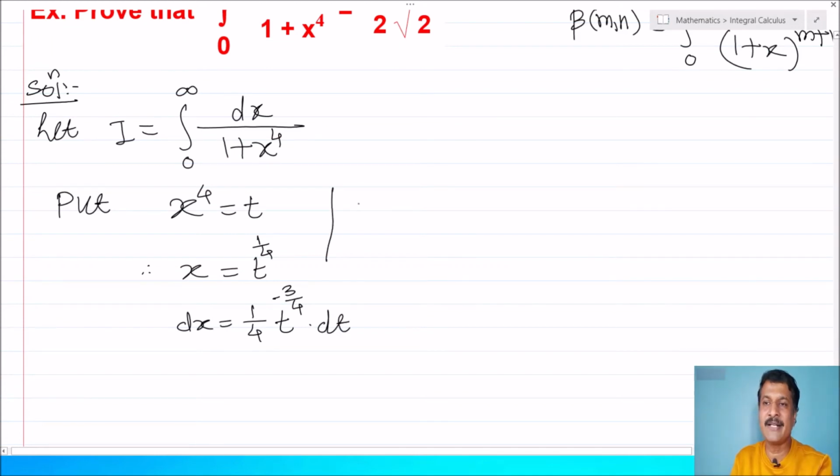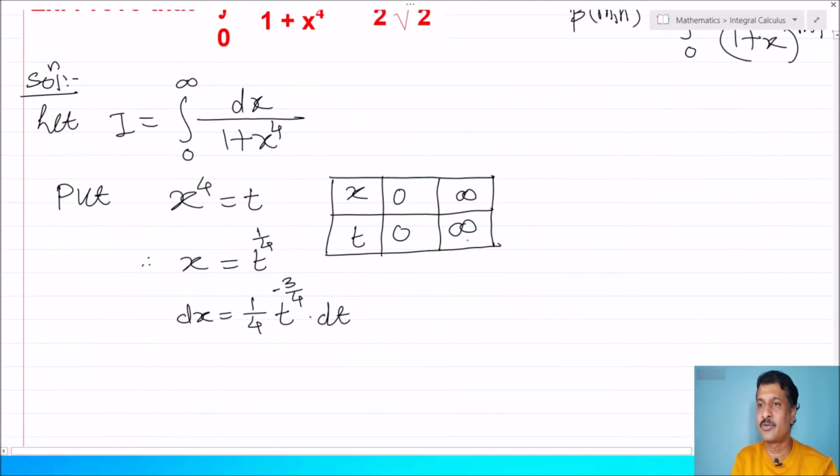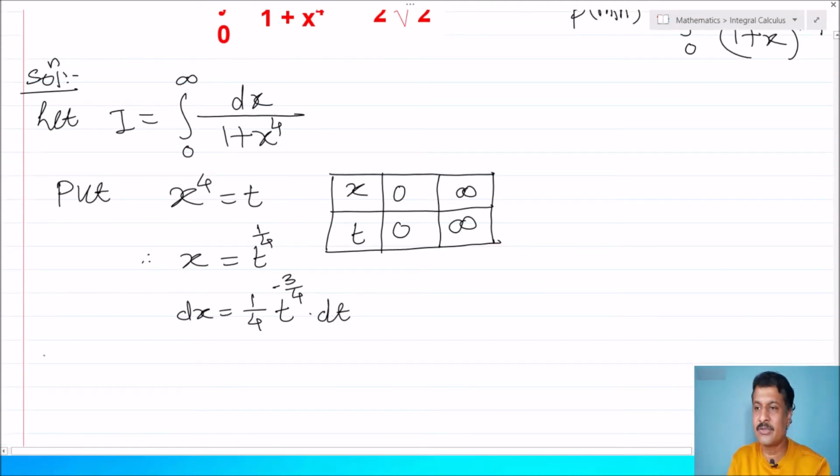What about the limits? Going from x to t, the given limits are 0 to infinity, and if we put x equal to 0, I will get t equal to 0, and x infinity gives t infinity. So no change in the limits. Now simplify it.